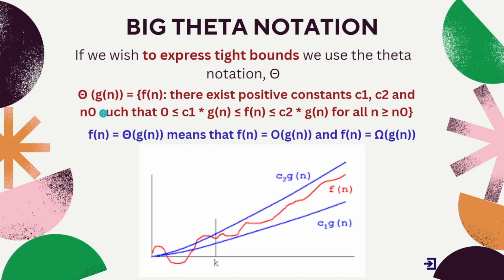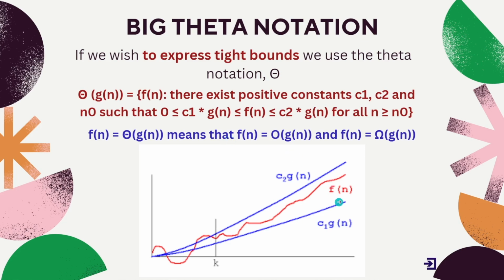The theta notation's definition goes this way. We are given two complexity functions f of n and g of n. We say that theta of g of n is equivalent to f of n when there exist positive constants C1 and C2, such that C1 into g of n is always less than or equal to f of n, which is less than or equal to C2 into g of n.